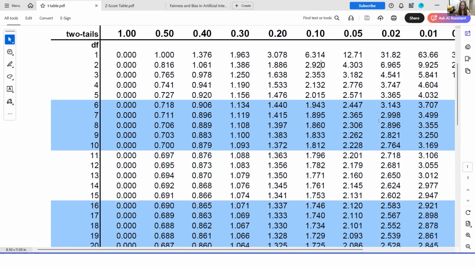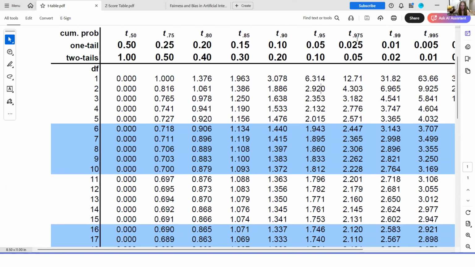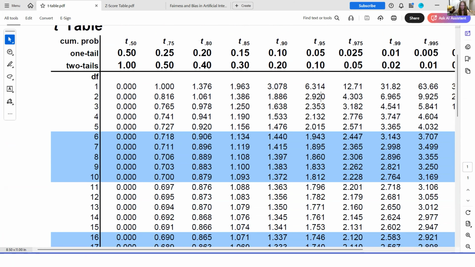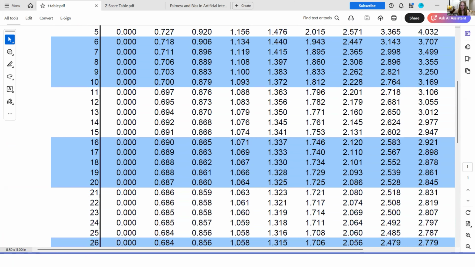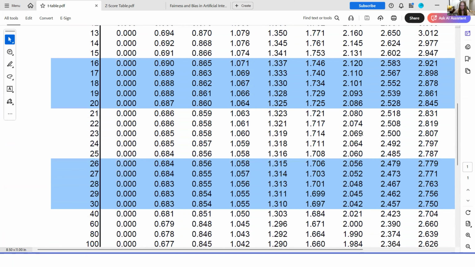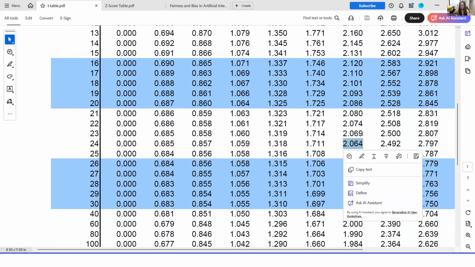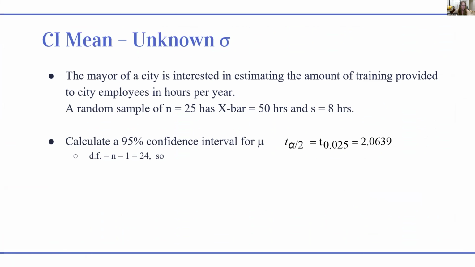And we have 24, sorry, I lost my place. You got 25 observations, 24 degrees of freedom, 2.064. So it's just rounded, right?